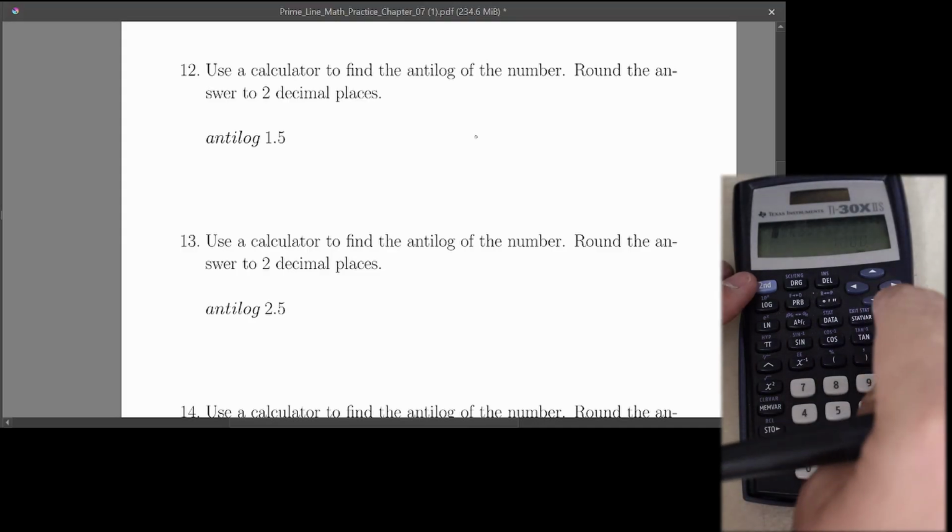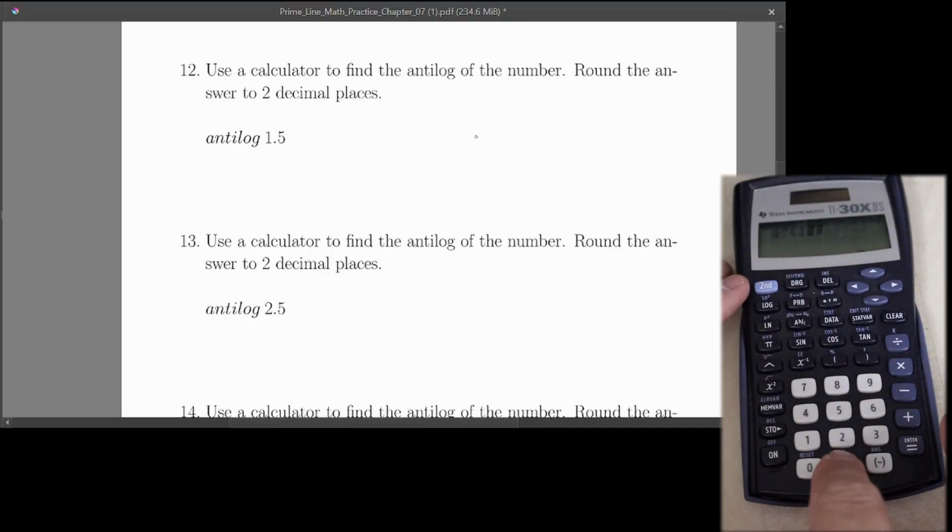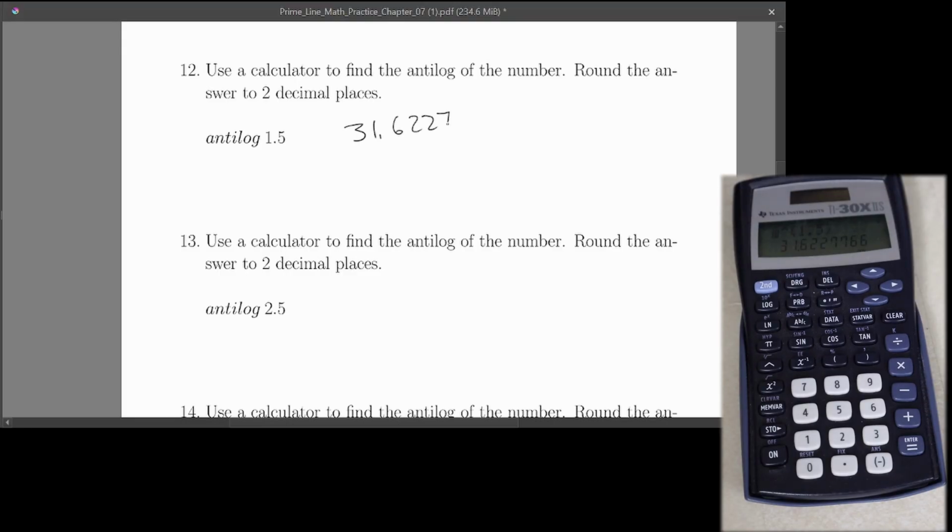Anti-log of 1.5. We get 31.6227766. We're going to 2 decimal places, and because of this we just drop the rest, so 31.62.